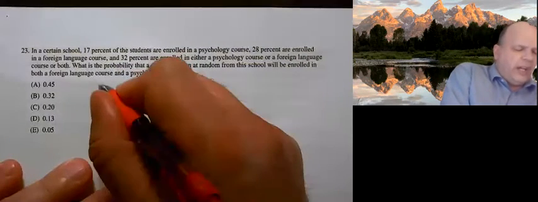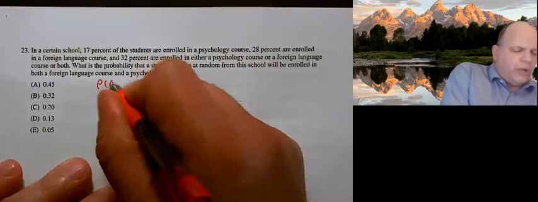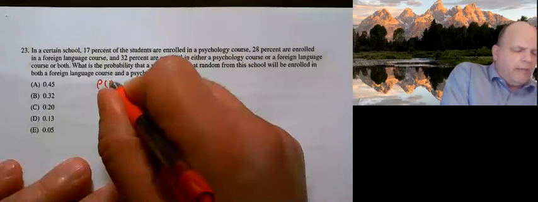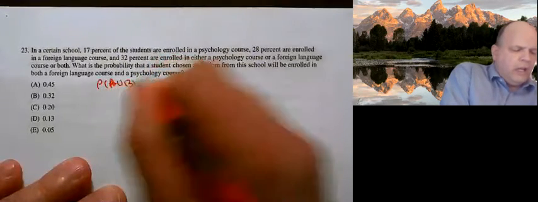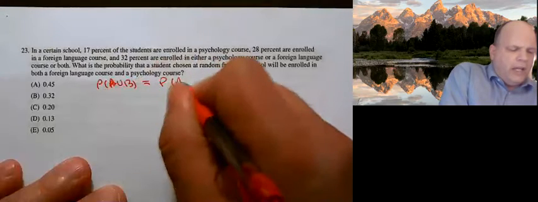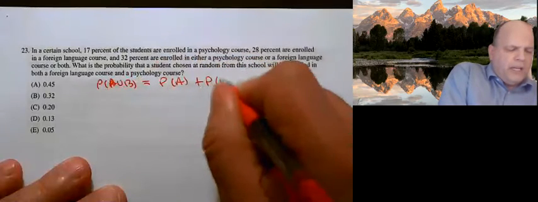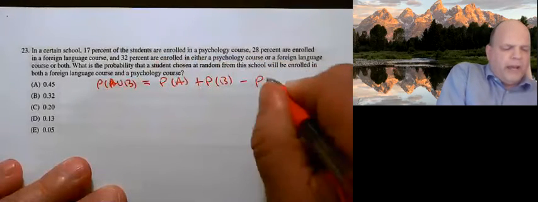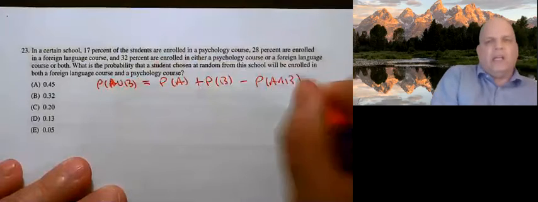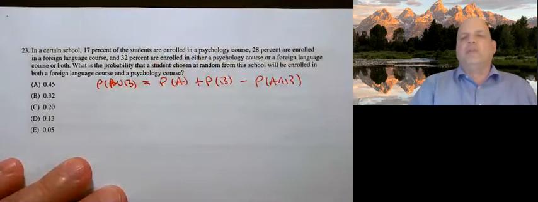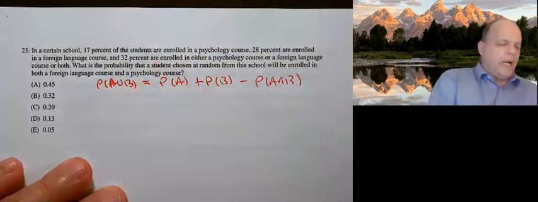So basically they're saying you're going to need to use this formula: the probability of A union B equals the probability of A plus the probability of B minus the probability of A and B.